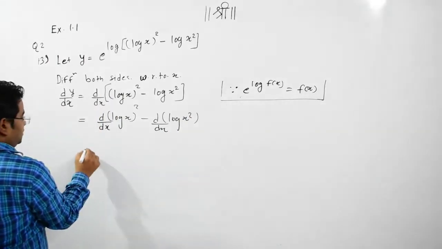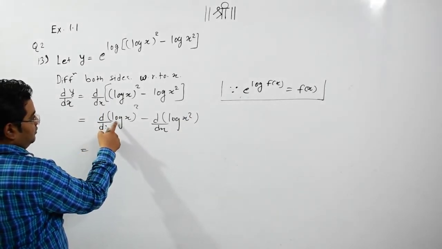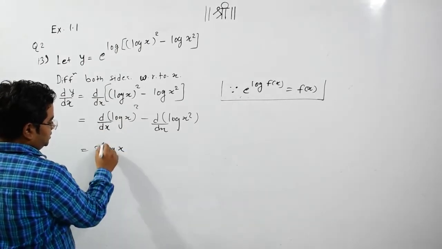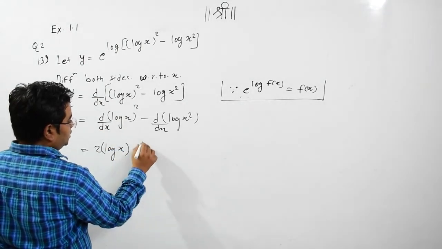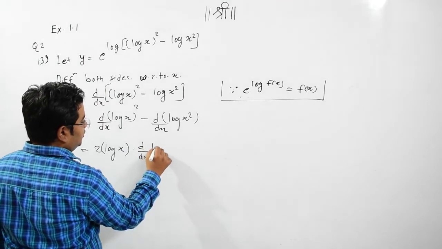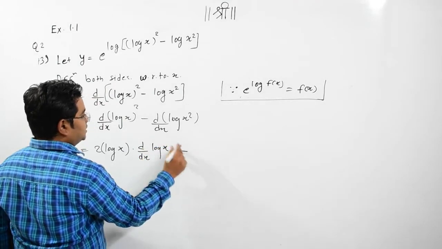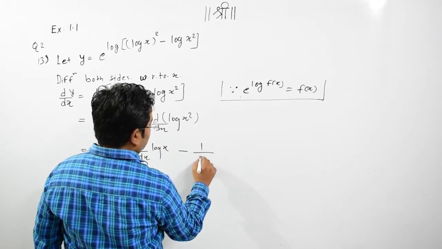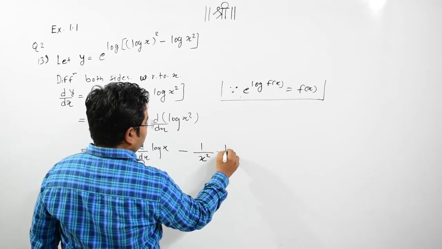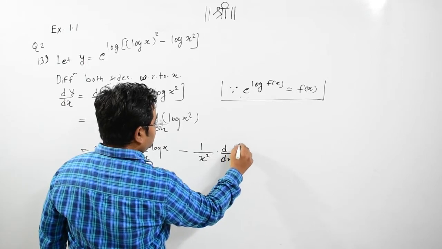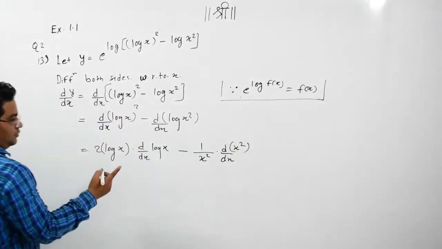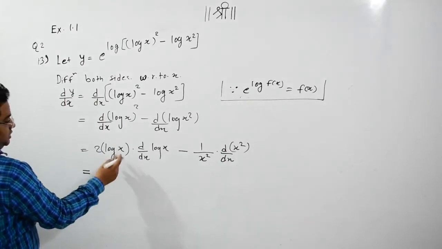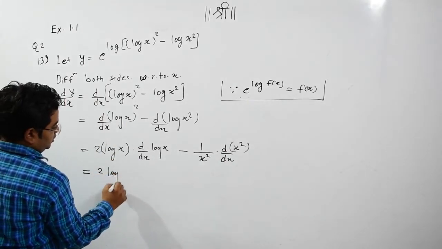Now next step, what is the derivative of this? This will be 2 log of x, dot d upon dx of log of x, minus, what is the derivative of this? This will be simply 1 upon x square, again times the derivative d upon dx of x square. Step by step, so this is 2 into log of x.